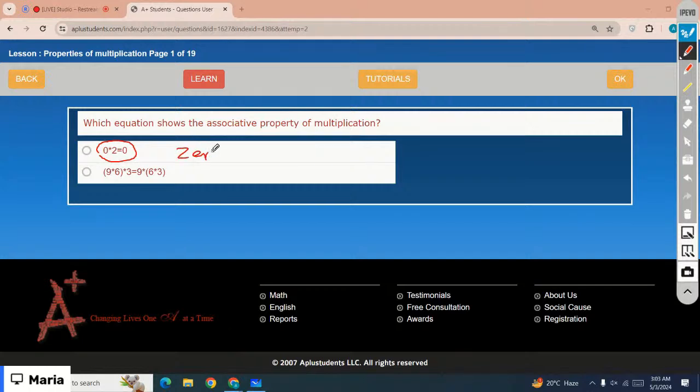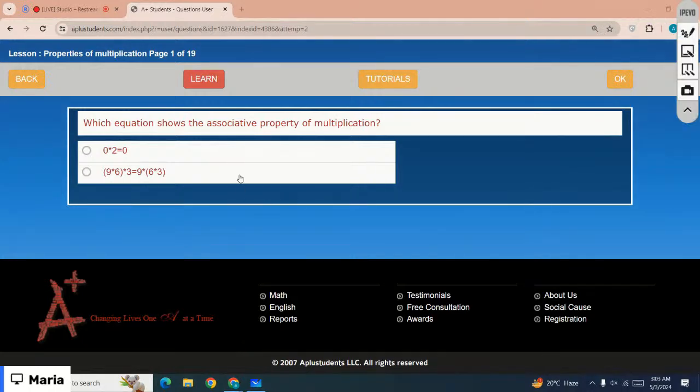That is known as the zero property, right? The second one is you have 9 times 6 times 3. On both sides, the numbers are exactly the same, just the groups are changed. So that is known as the associative property because here you have three numbers involved.